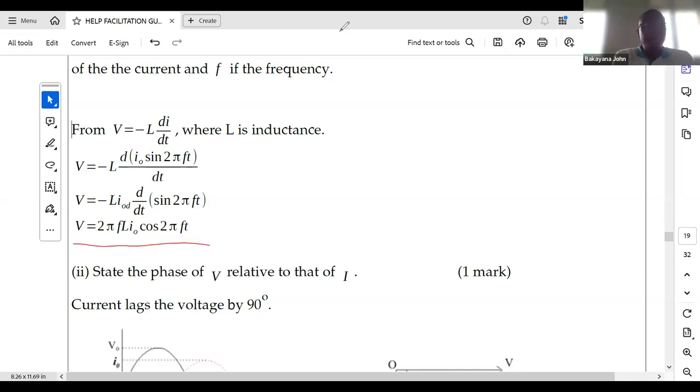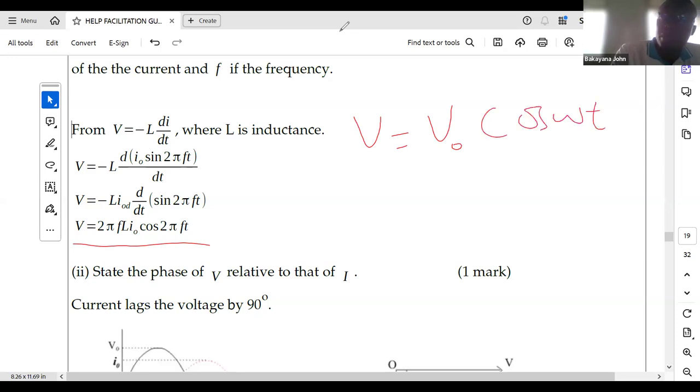Then state the phase of V relative to that of I. The phase is that the current lags the voltage by 90 degrees. So this expression V can also be written as V naught cos omega t. Remember, omega is 2 pi f. But I was I naught sine omega t.